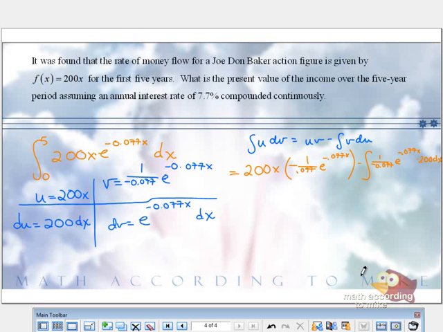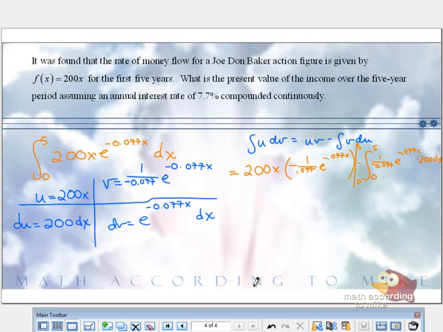Oh, barely. Oh, I forgot to put my bounds in. It's not going to fit. All right, I'll just do this 0 to 5, and then I'll draw the vertical line there, 0 to 5.